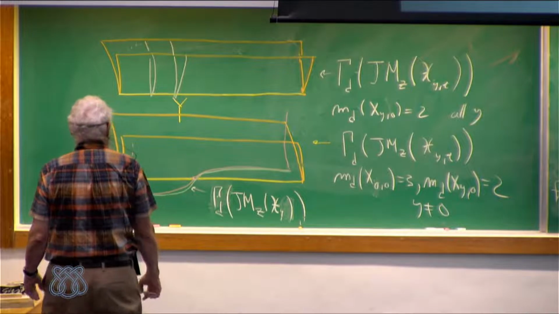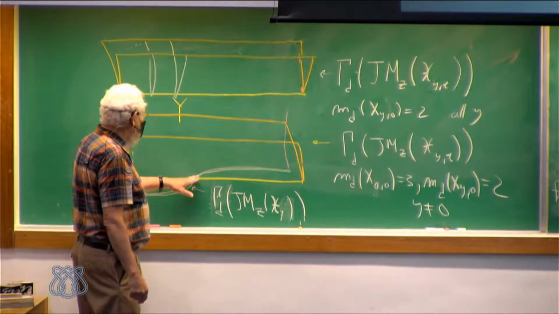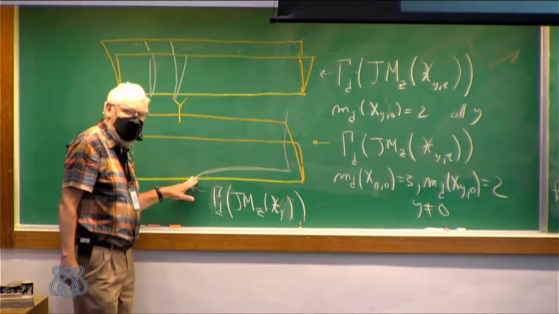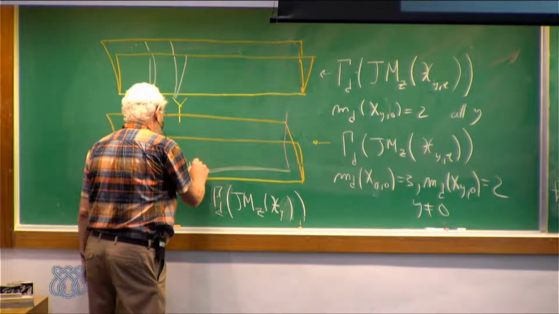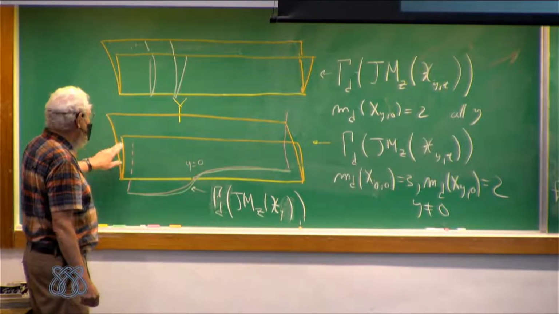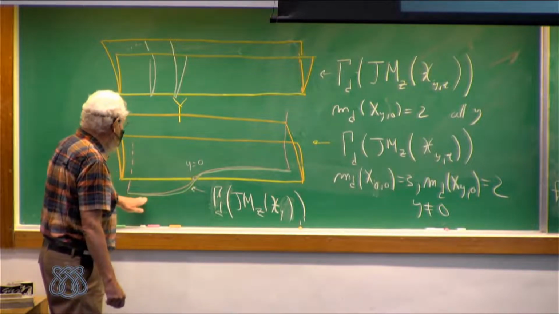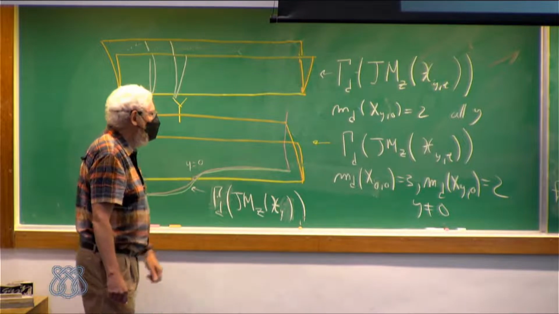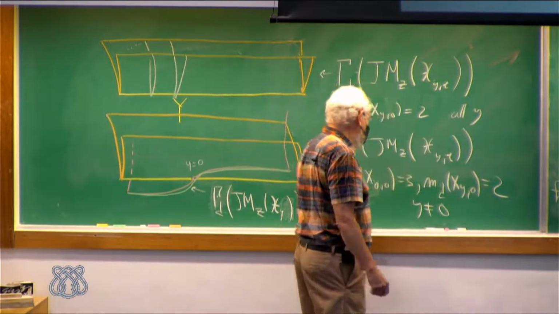In this example here, the number of sheets jumps at 0. This place here is y equals 0. So we had 2 sheets like we had before, but now I've added an extra sheet. This sheet comes in here, but then it goes off here, so it doesn't get counted. So we have that MD at (0,0) is 3, and MD at (y,0) is 2, y not equal to 0.